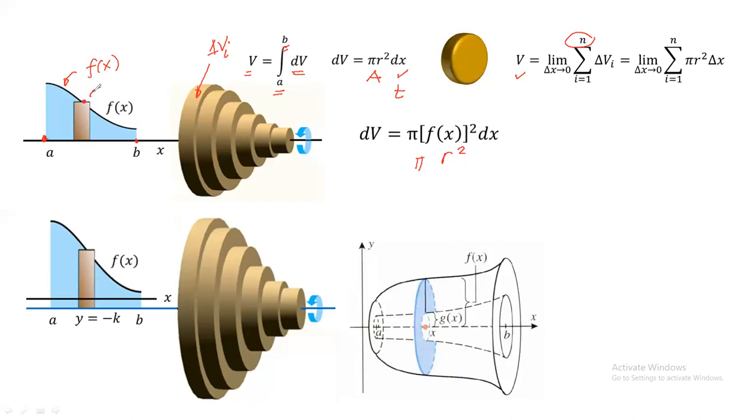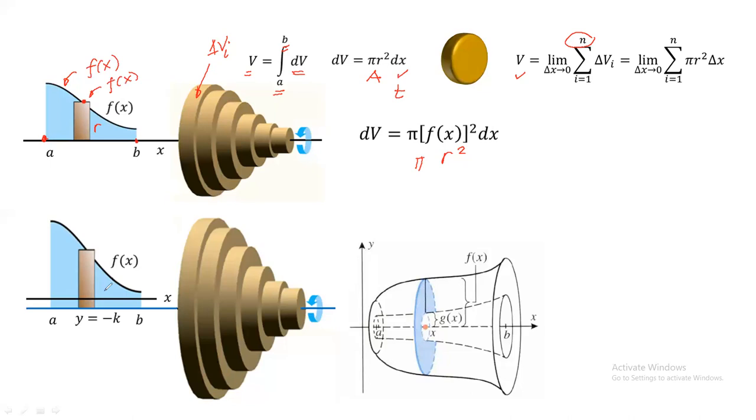So this point here is also your function of x, resembling the r. So pi r squared, or pi f of x squared dx. This is the one that you will be integrating to get the volume of this solid of revolution.